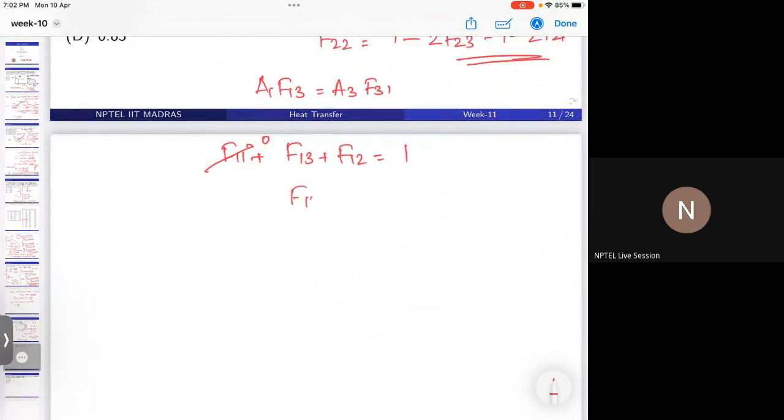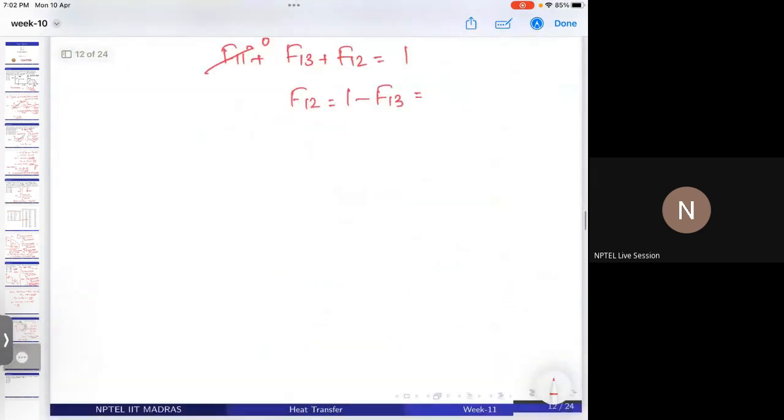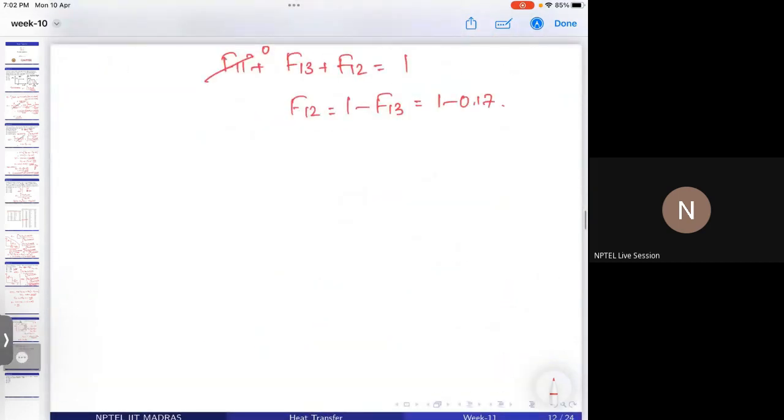So F12 will be equal to 1 minus F13. F13 is already given, which is 0.17, so F12 is equal to 0.83.